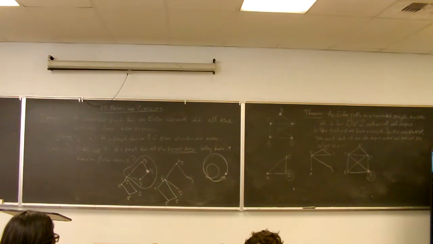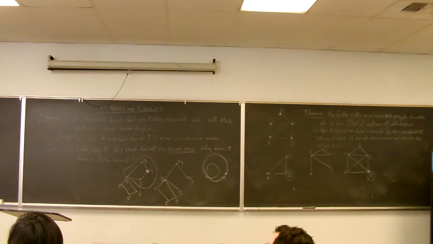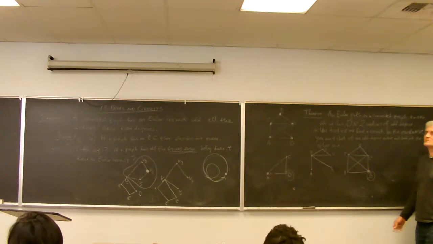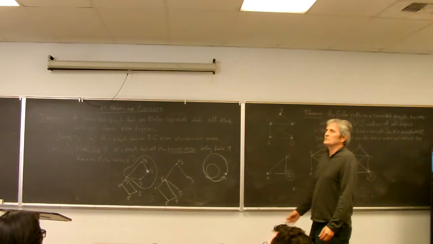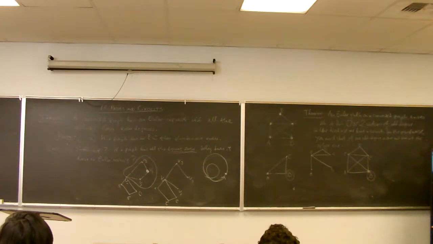So once again, what about Königsberg bridges? Do they have an Euler path? If we relax the condition so that we don't have to come back to the same point, the answer is no. Why? Because it has too many odd degree vertices, because all the vertices, all 4 of them, are odd degree, so it doesn't even have an Euler path.